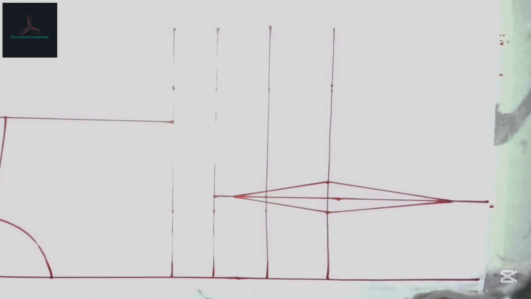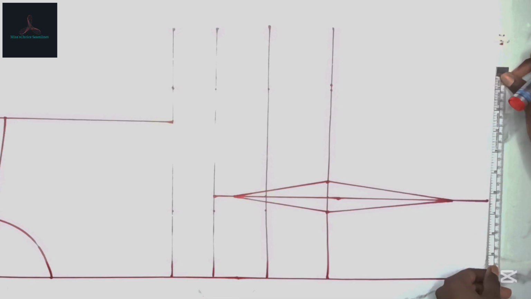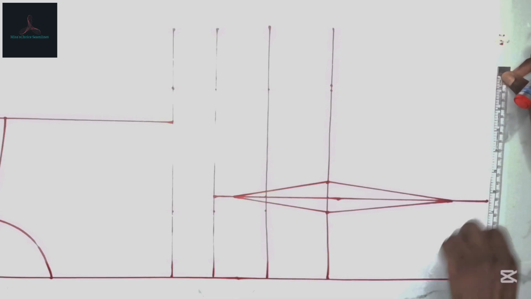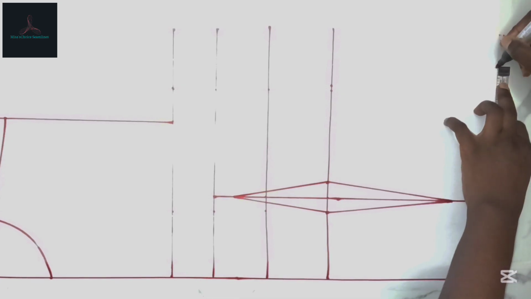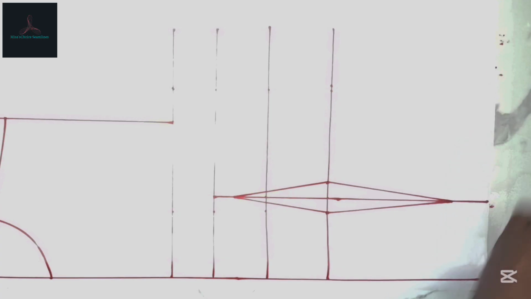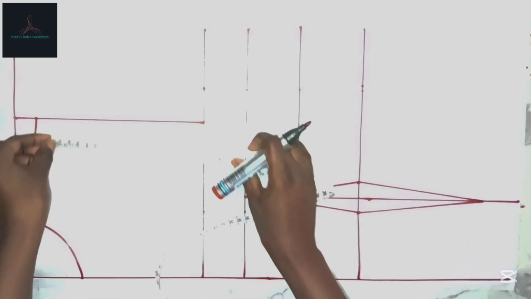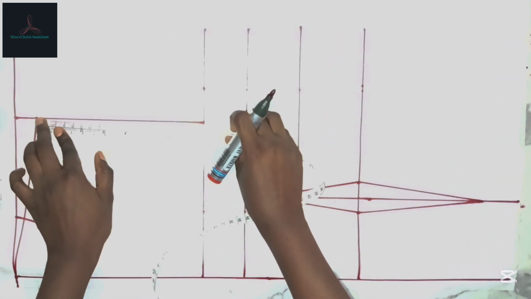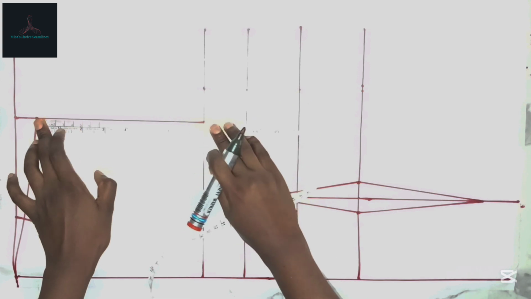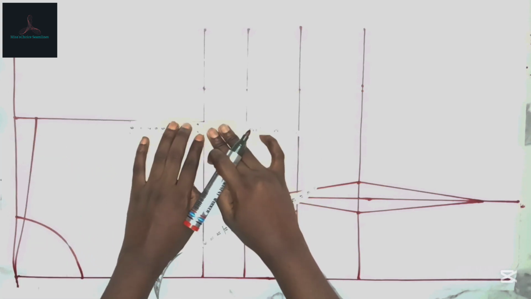My hip measurement is 41 inches. 41 inches divided by 4 is 10¼. That means 10.25. So I'm going to input that measurement here. I am going to divide what I have here to this place by 2.